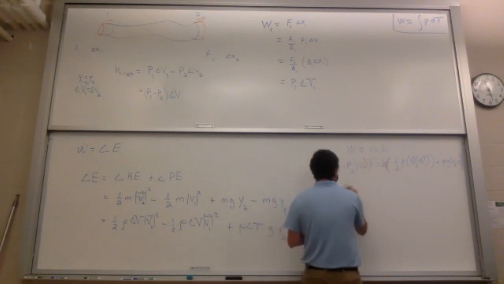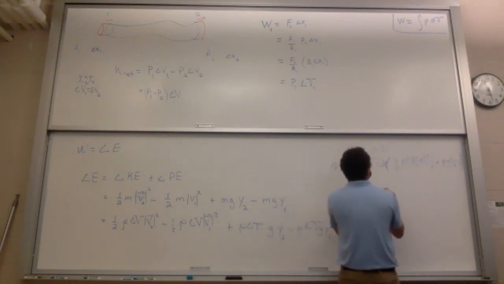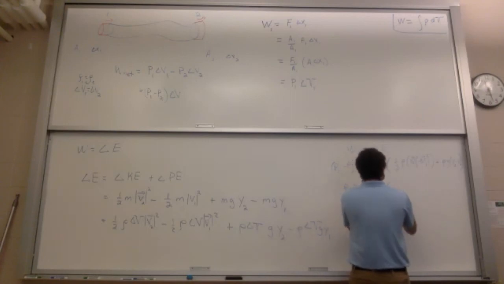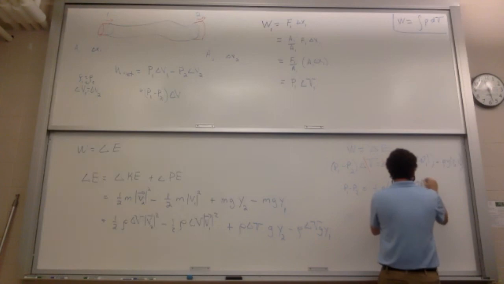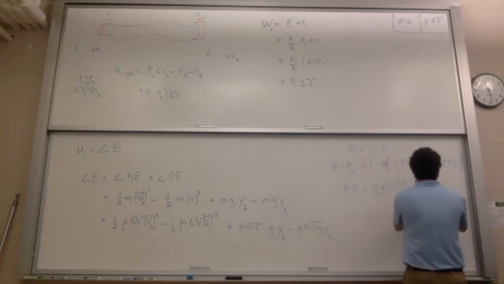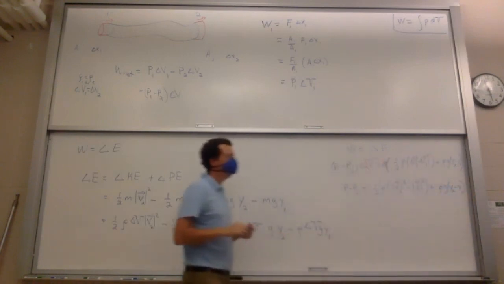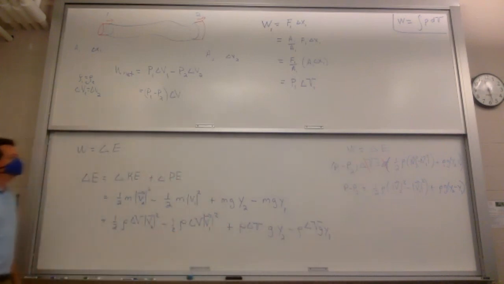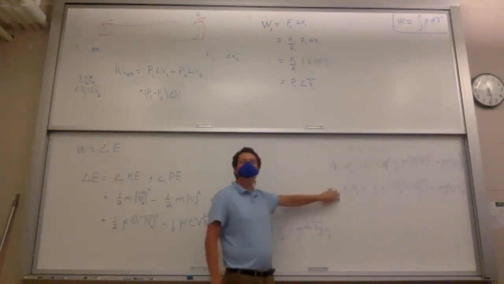I could write it as P1 minus P2 equals 1/2 rho times velocity 2 squared minus velocity 1 squared, plus rho G Y2 minus Y1. This is called Bernoulli's equation. This is Bernoulli's equation, the goal.